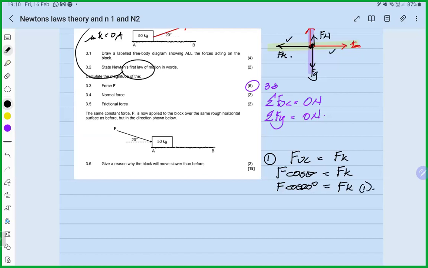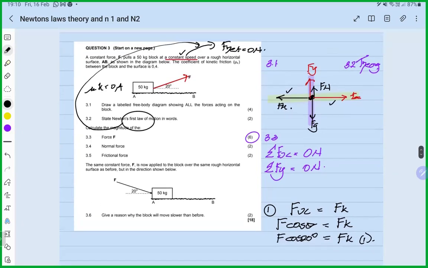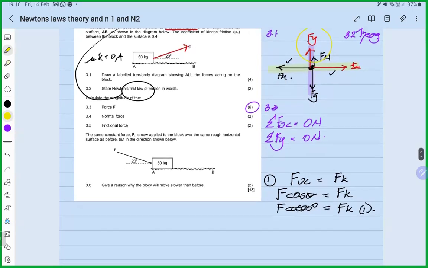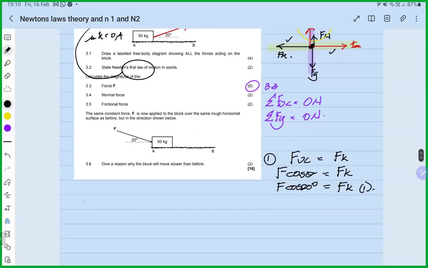Then you can do the same thing in the y direction. In the y direction, the two forces acting upwards, these two here, are equal to your gravitational force here. So the second equation that I'm going to set up for the y direction is Fy plus Fn is equal to Fg.